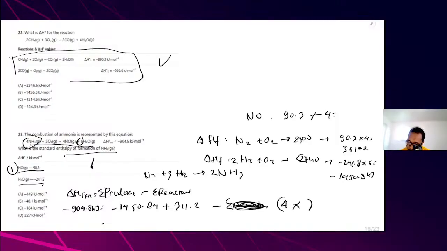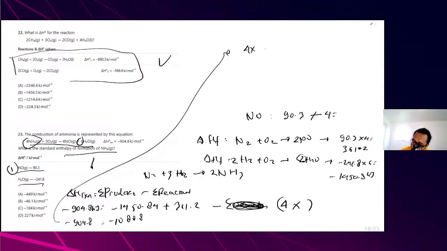So 4x minus 904.8. Now how to determine that is easy. Just put it over here, 4x.